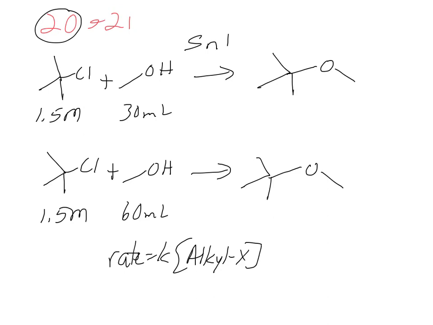The nucleophile doesn't matter. This is the same concentration, 1.5, 1.5, but adding more of the methanol in this case, does that change the rate at all? No, it's not going to affect the rate at all. So they're both going to be SN1, same rate. The rate doesn't change with having more nucleophile for SN1s.